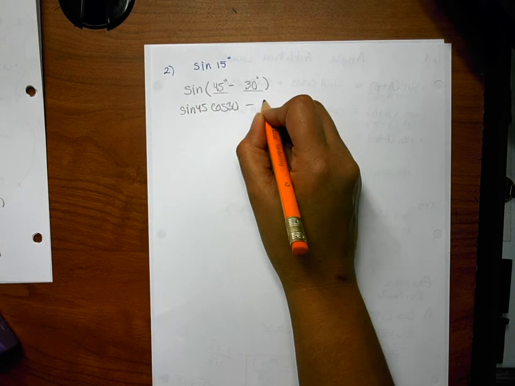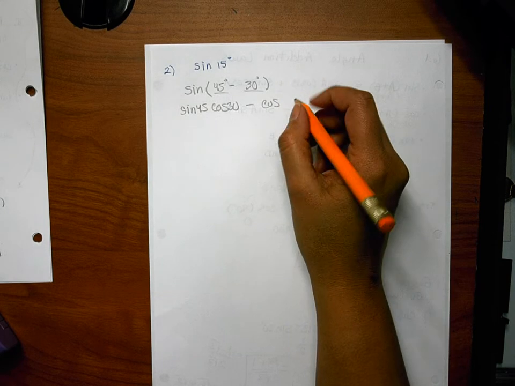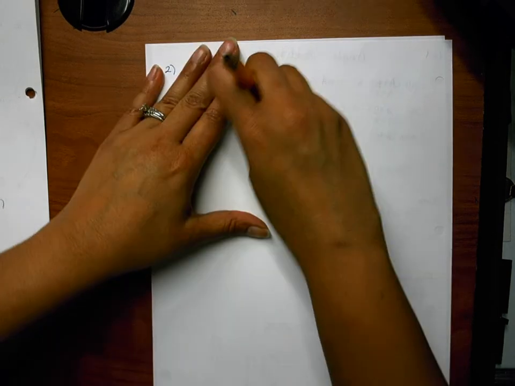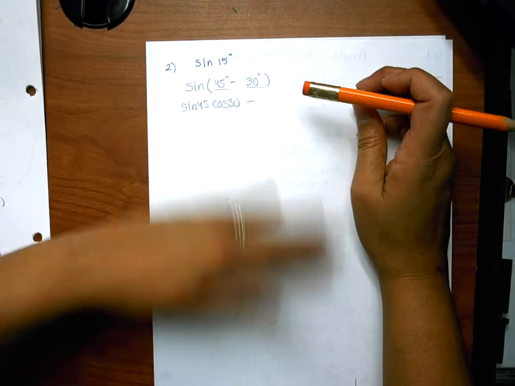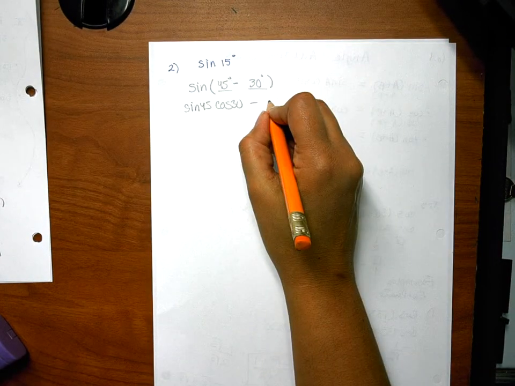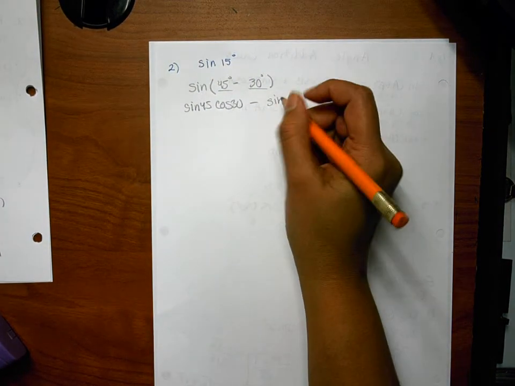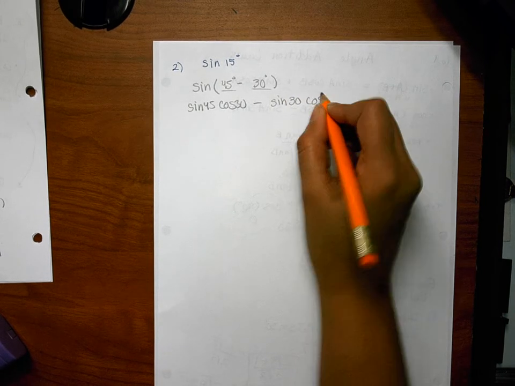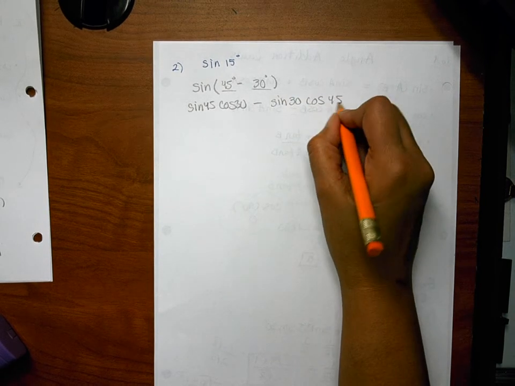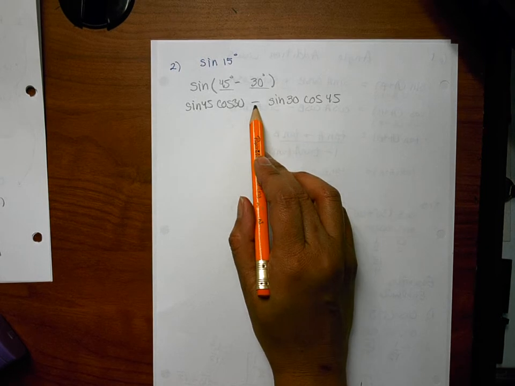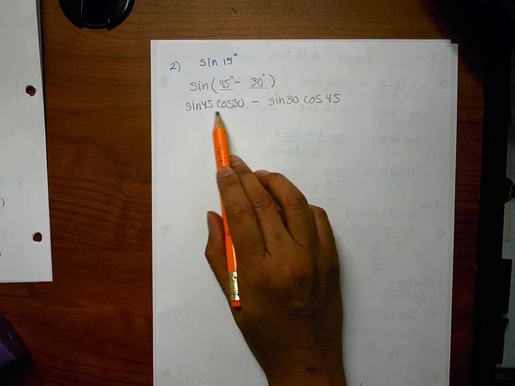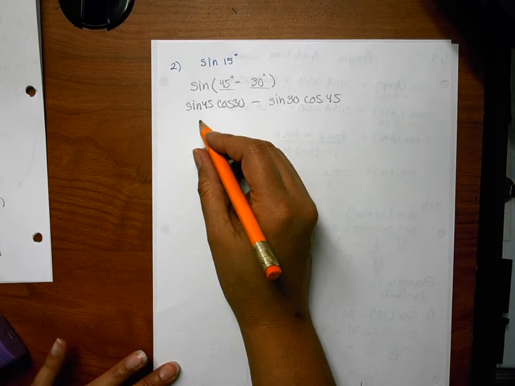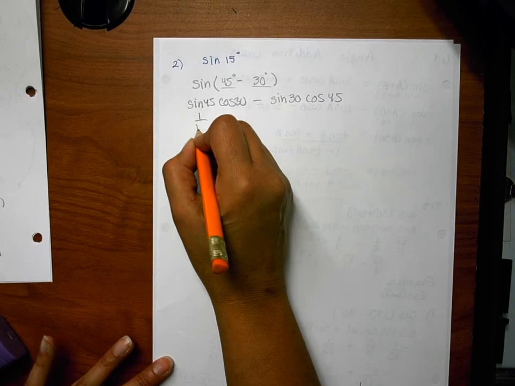Sine of 45, cosine of 30, minus stays minus, sine of 30, cosine of 45. Okay, so same sign, and it is friendly. Sine with cosine, 45, 30, 30, 45.